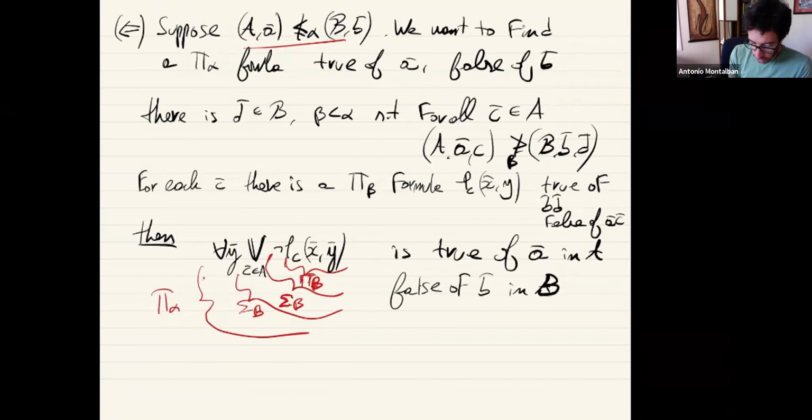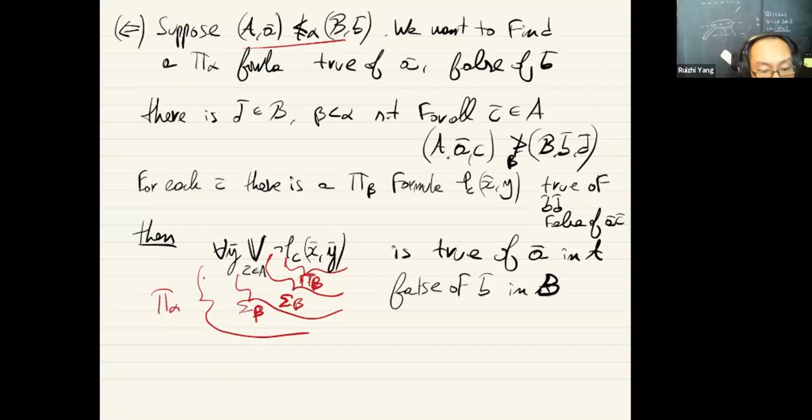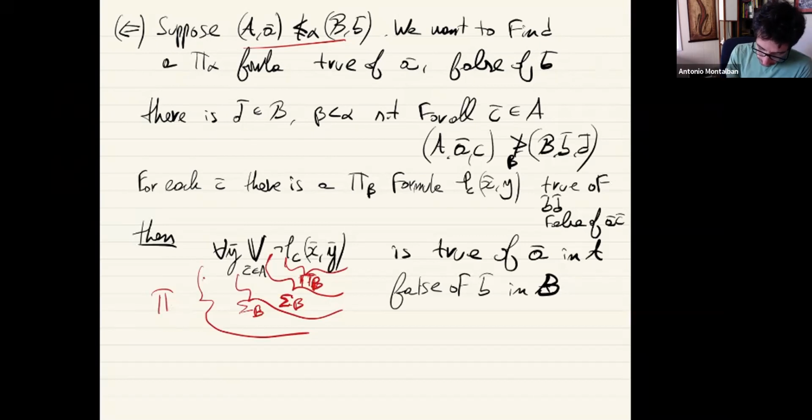And then a disjunction of sigma beta is still sigma beta. For a fixed beta, yes. So here you get beta plus 1, which in particular is pi alpha because beta is below alpha.